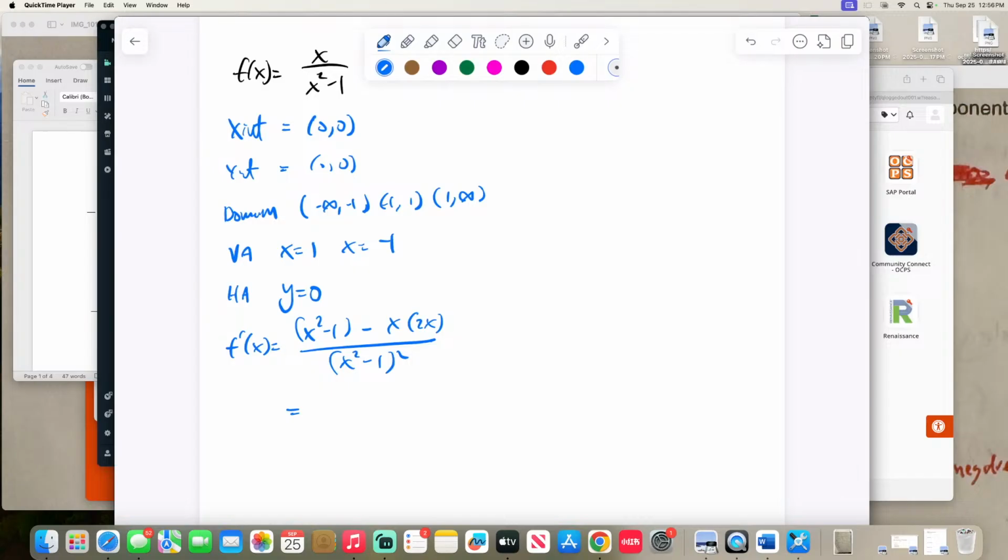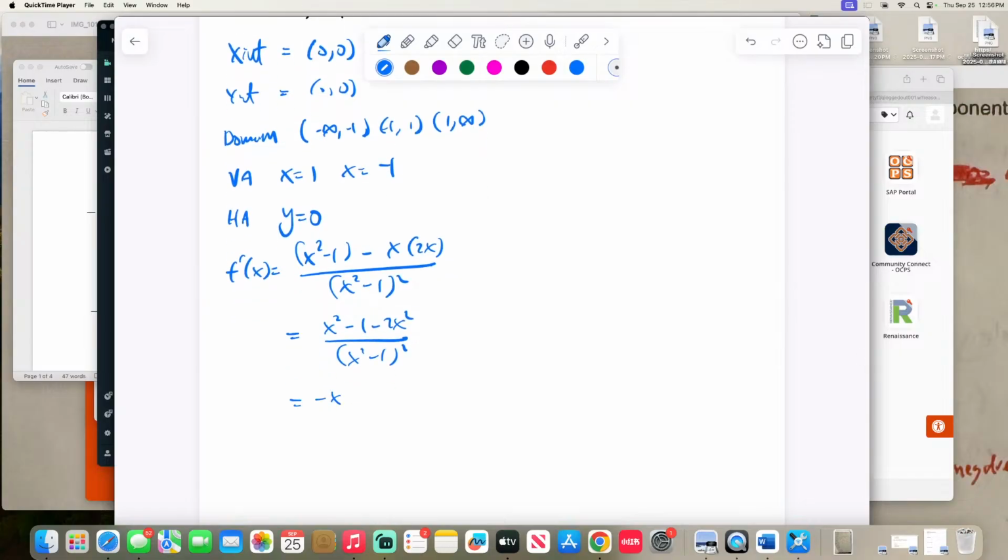That gives you x squared minus 1 minus 2x squared over x squared minus 1 squared. So that gives you negative x squared minus 1 over x squared minus 1 squared. What I would do is factor out a negative sign, so that's going to be negative x squared plus 1 over x squared minus 1 squared.